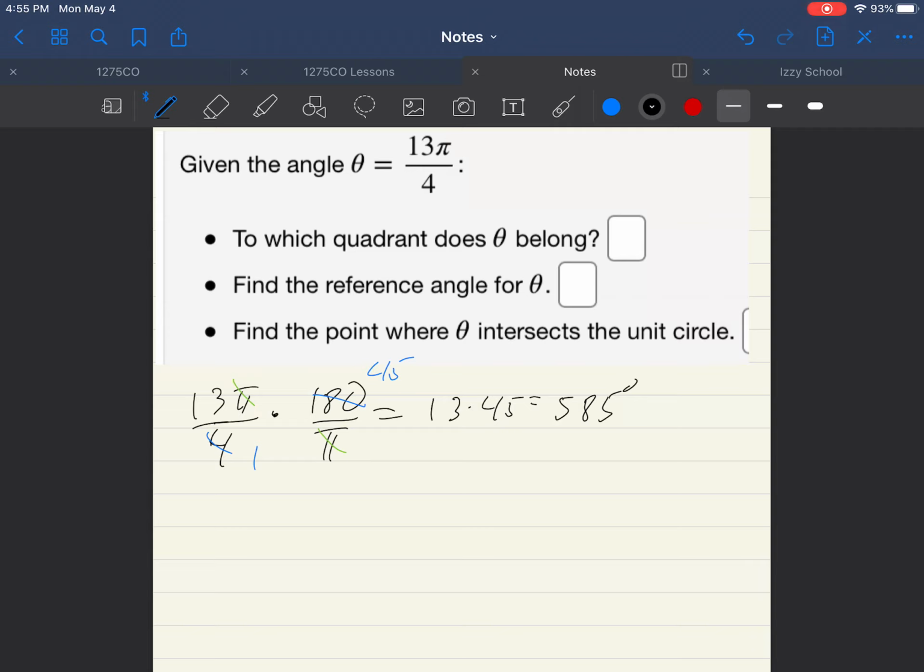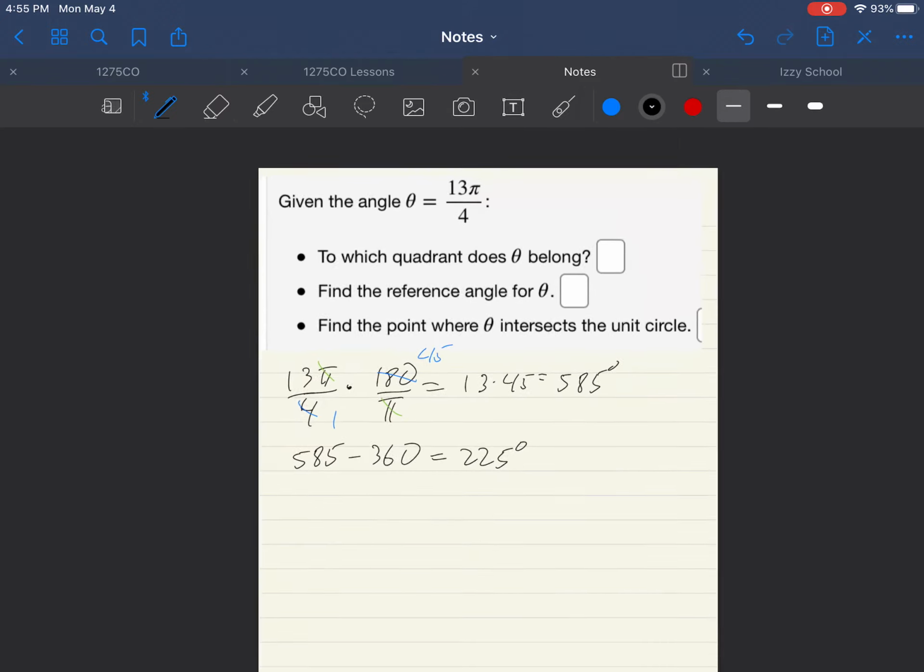So that means we can take and find a coterminal angle. Let's subtract out 1 full revolution of a circle, 360 degrees, and then that'll put us at 225 degrees.